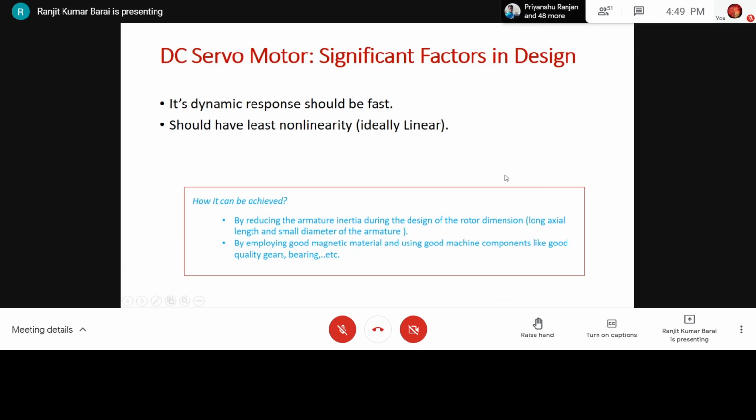So in order to keep the power output constant, you can increase the axial length. As a result, the geometry of a DC servo motor is different from the geometry of a DC motor. If you compare the geometry of a DC servo motor with a commercial DC motor of the same power rating, remember, you will find that a DC servo motor is slimmer and longer than a commercial DC motor.